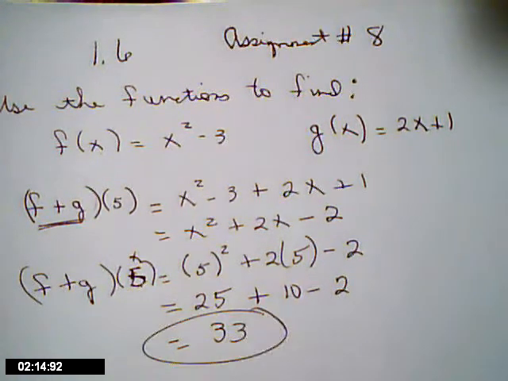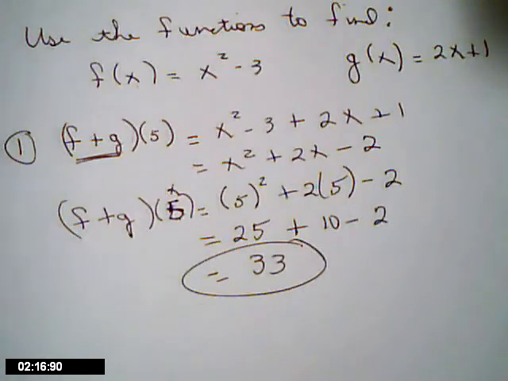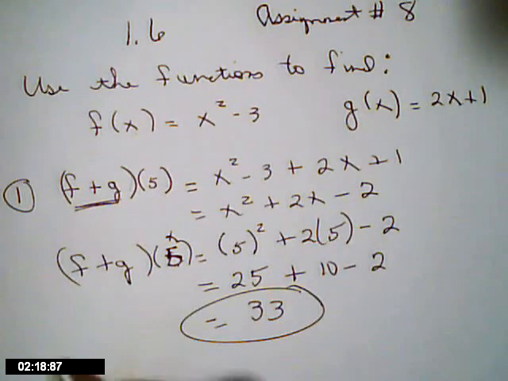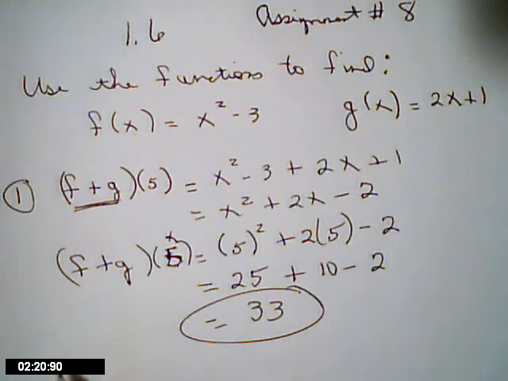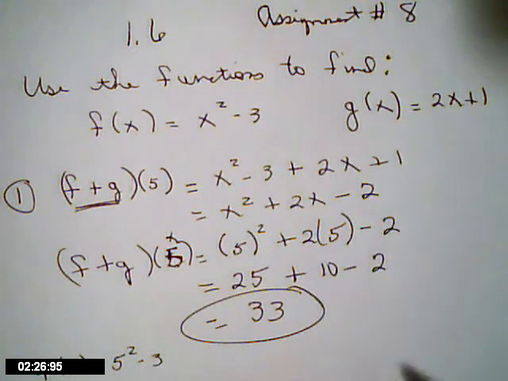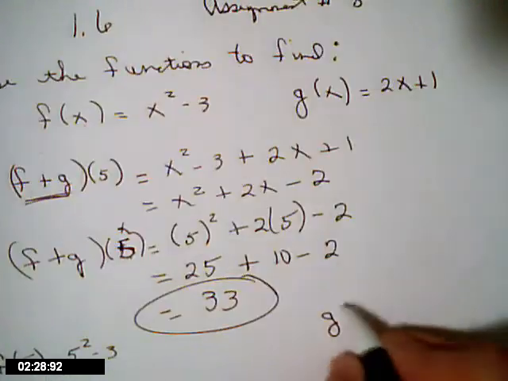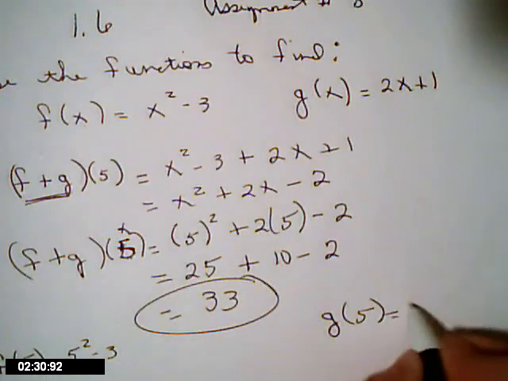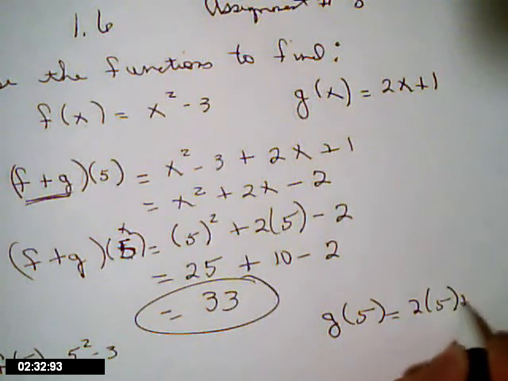and that would be our answer. Now, another way of working this is to actually go in and say, what would f of 5 be? And that would be 5 squared minus 3. And what would g of 5 be? That would be 2 times 5 plus 1.